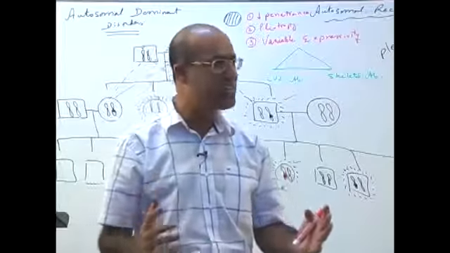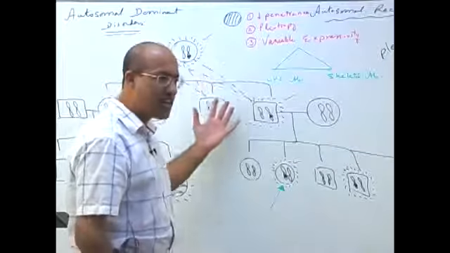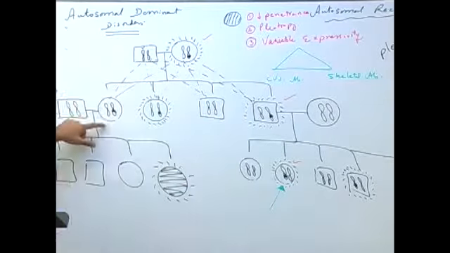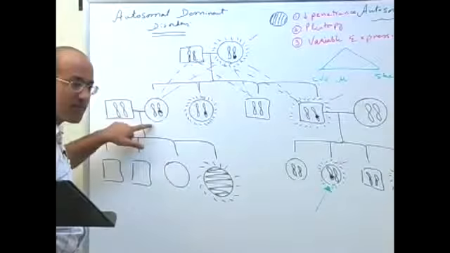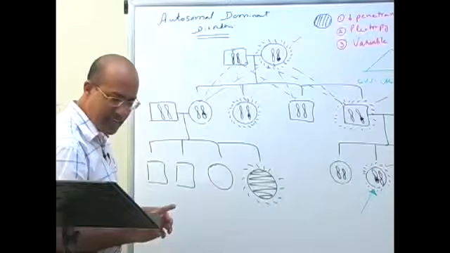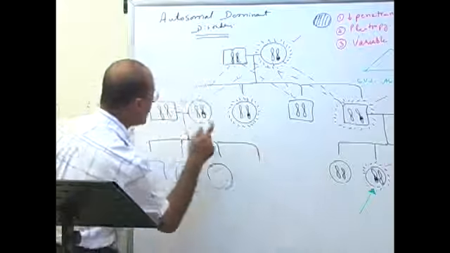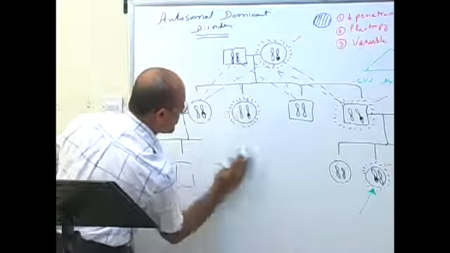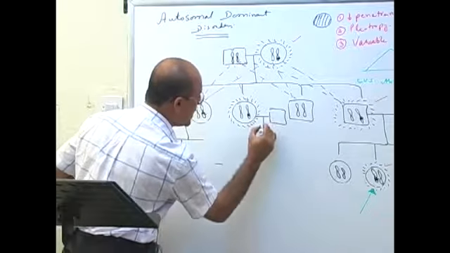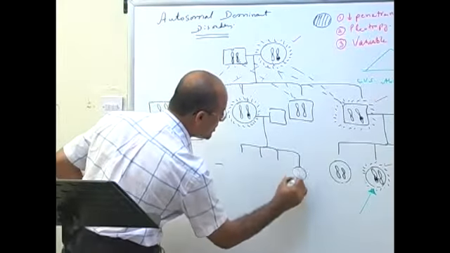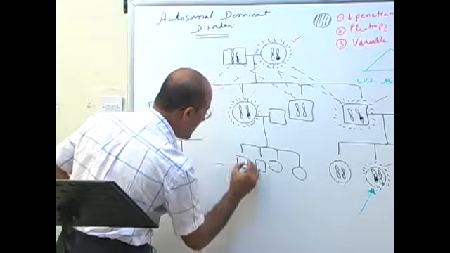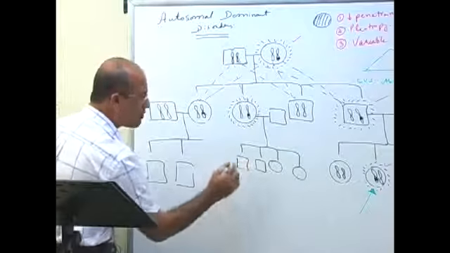So in this pedigree of Marfan syndrome, here we show non-penetrance. Another way to show non-penetrance: let's suppose this person marries a normal person, and she has these 4 children, all of them phenotypically normal.